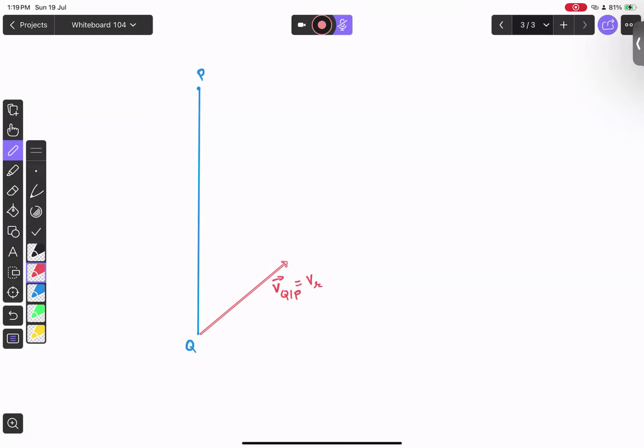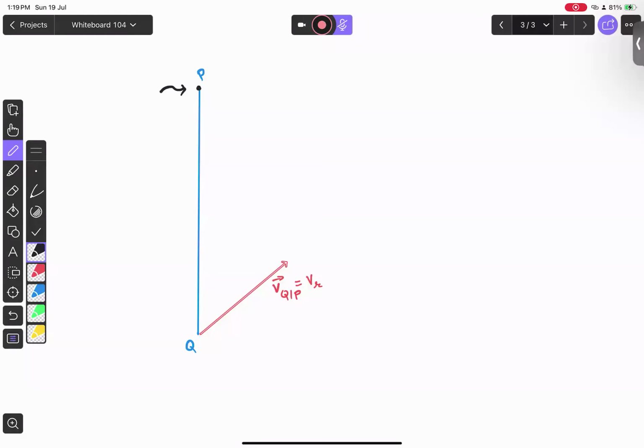So what kind of question are we solving? The purpose of this chapter is to give you the kind of mindset you should have when observing something from a moving frame. P is really moving from the ground frame.